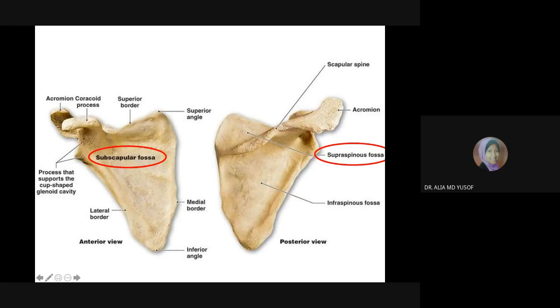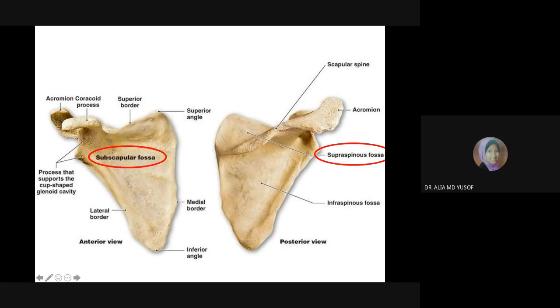In the posterior view, you will see it is obviously triangular, again a flat bone, but it has a projection here. This projection we know as the spinous process of the scapula or the scapular spine. And the scapular spine is continuous laterally with the acromion process or acromion.